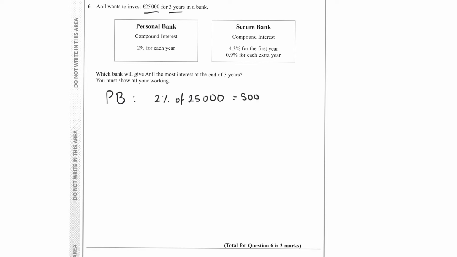Then I would add that on, which would be 25,500. That would give you the amount at the end of the first year. But then to work out the second year, you would again have to work out 2% of 25,500, and go on. So that is compound interest.